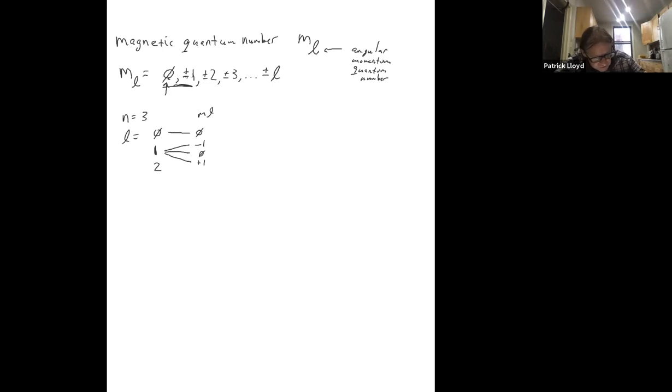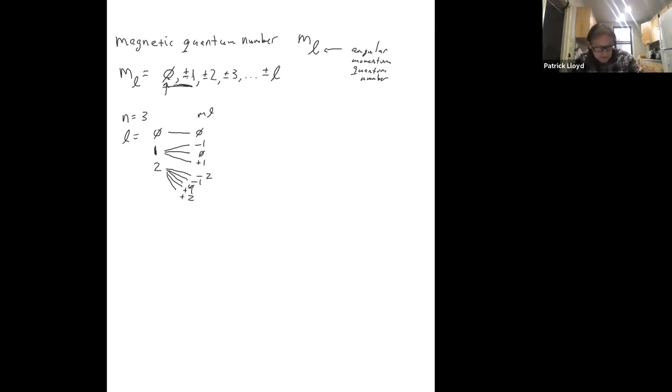Well, what about 2? 2 is even more possibilities. You get 5. Why? Because this is how you do it. You go from minus L, so minus 2, and count up all the way to plus L, so minus 2 all the way to plus 2. Now you've got 5 possibilities.